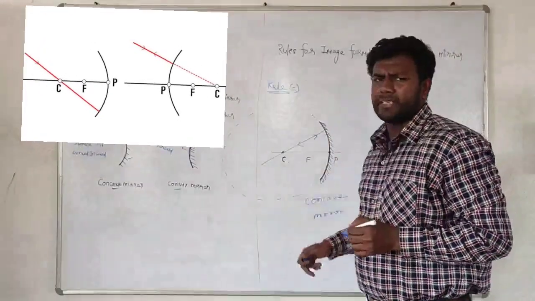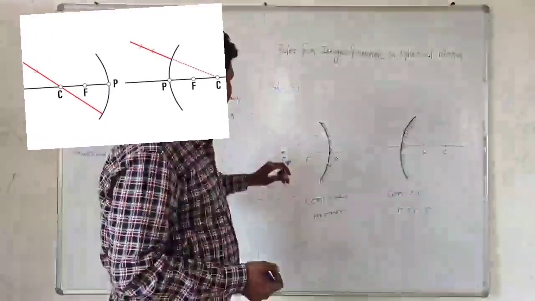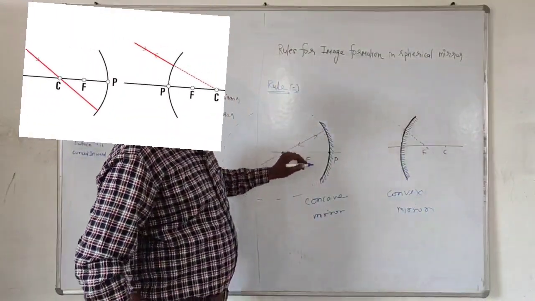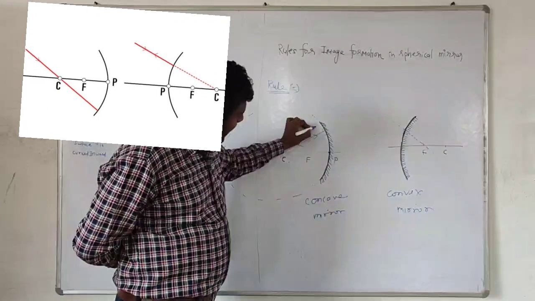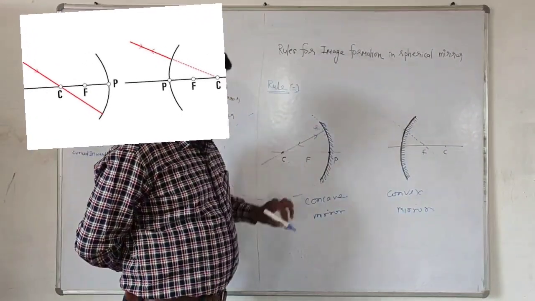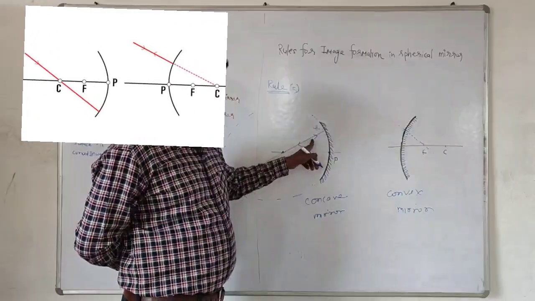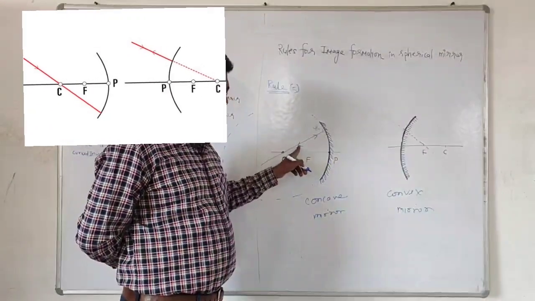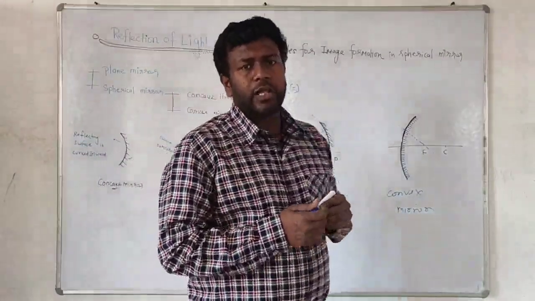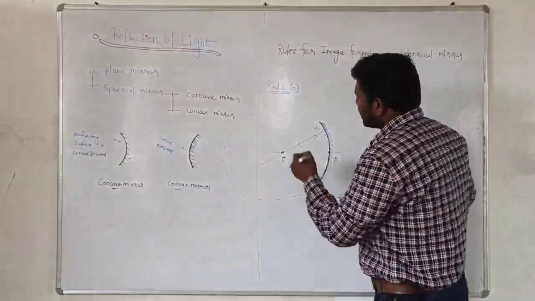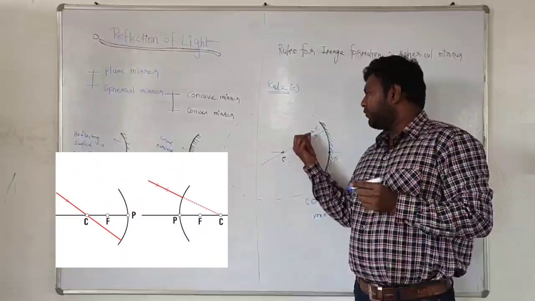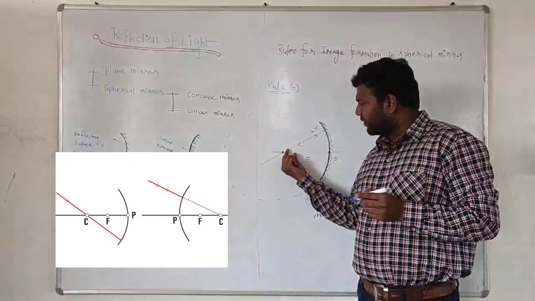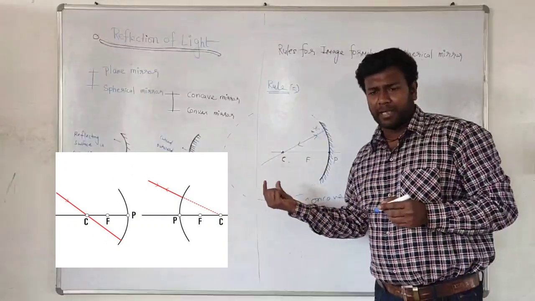In many examinations, even competition exams, the question is why this happens. Because when a ray of light passes through the center of curvature, at this point the angle is equal to 90 degrees. If a ray strikes at 90 degrees, after reflection it also reflects at the same angle. It means here the angle is equal to 90 degrees. That's why a ray of light passing through the center of curvature is sent back along the same direction after reflection.